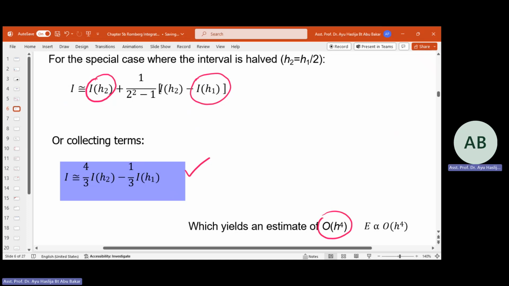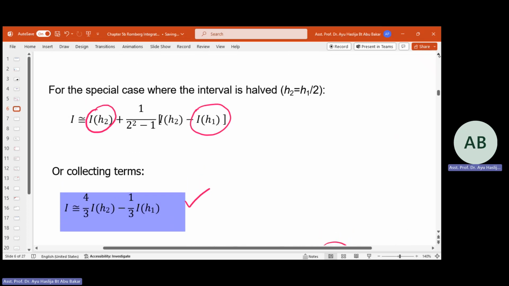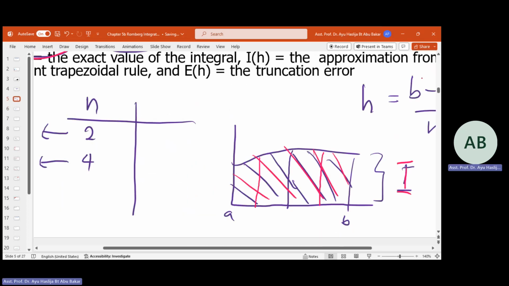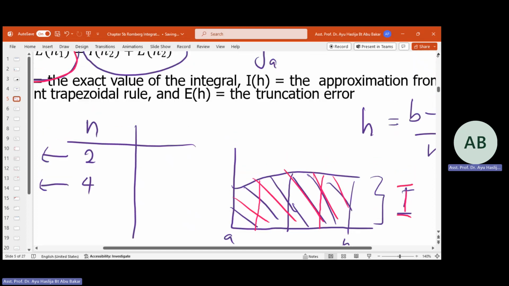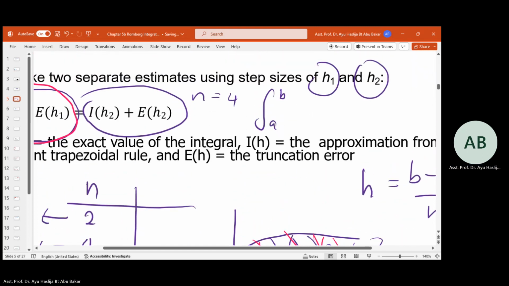If one time integration just now, I go back to the previous slide, this one is level O(h^2). The derivation, how to get this, is in the textbook.